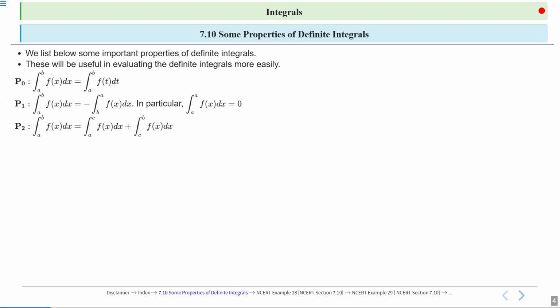At first we integrate from a to c, and then we add from c to b to get the value of the definite integral from a to b f(x) dx. This property is used in piecewise functions, where the function is defined in pieces, so we can integrate over different pieces, and when we sum, we get the value of the definite integral over the entire interval. For example, there is an interval from 1 to 2 and 3 to 4. So we integrate from 1 to 2 plus integration from 3 to 4. Okay.